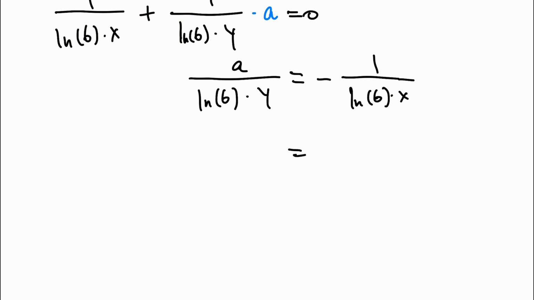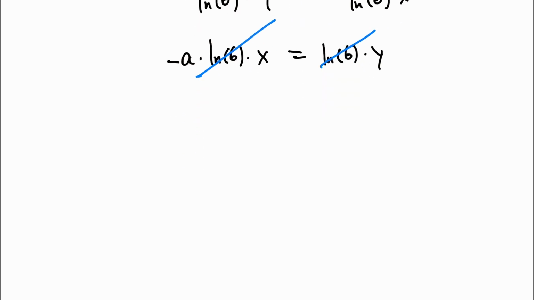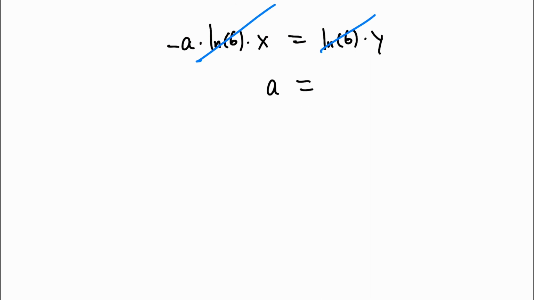And if we cross multiply, we get negative a times ln of 6 times x is equal to ln of 6 times y. Obviously, we can cancel these out because they're constant and they're equal. We have a is equal to y over negative x. Obviously, you can write that negative before the fraction. So a is just equal to negative y over x.